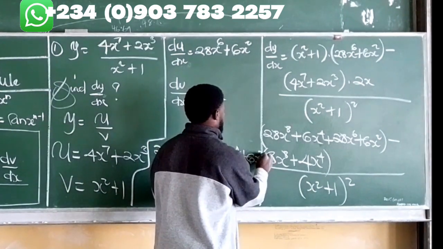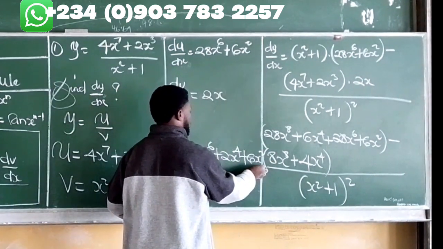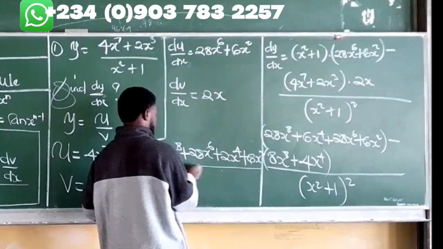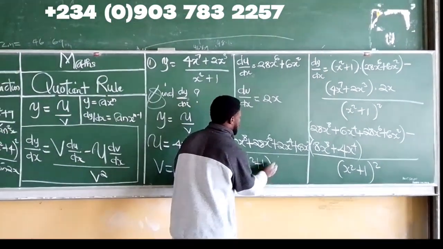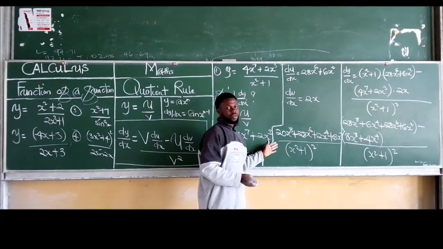Okay, all divided by x squared plus 1 all raised to the power of 2. So this becomes the final solution.